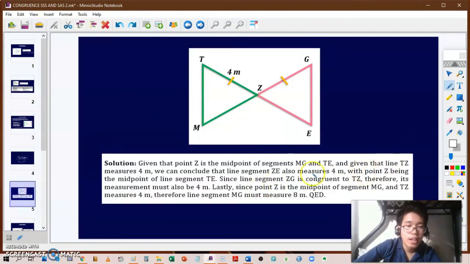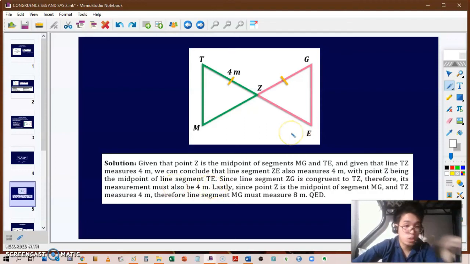Given that line TZ measures 4 meters, we can conclude that line segment ZE also measures 4 meters, with point Z being the midpoint of line segment TE. Since line segment ZG is congruent to TZ, its measurement must also be 4 meters.